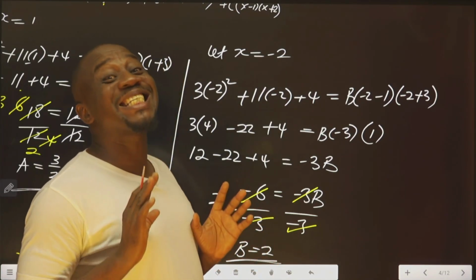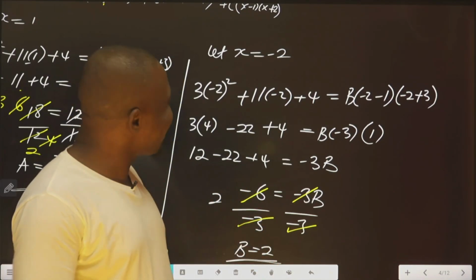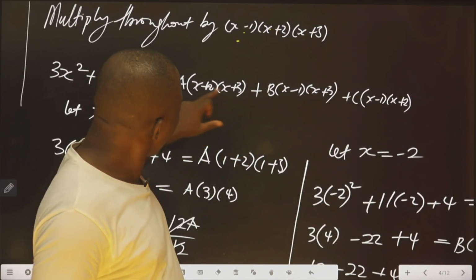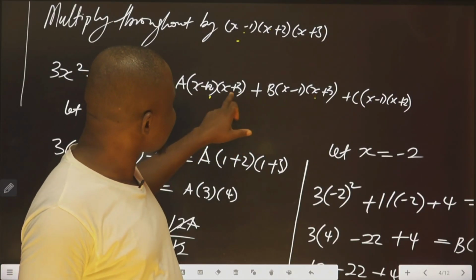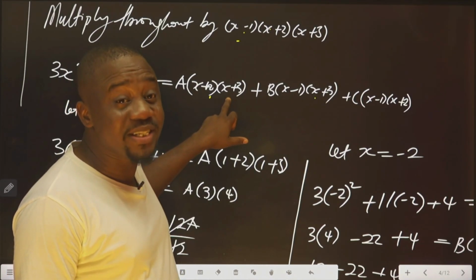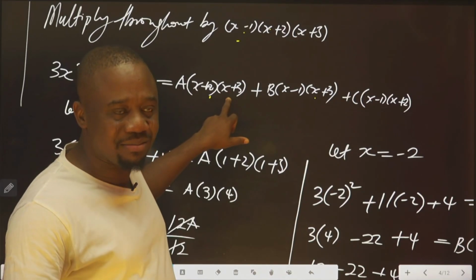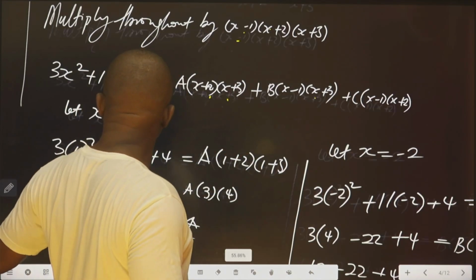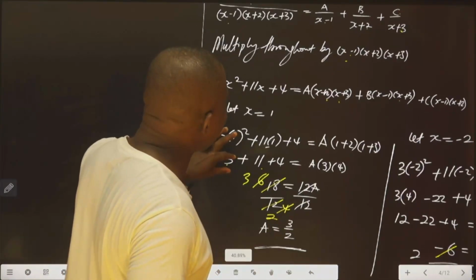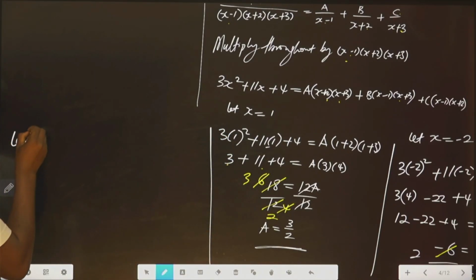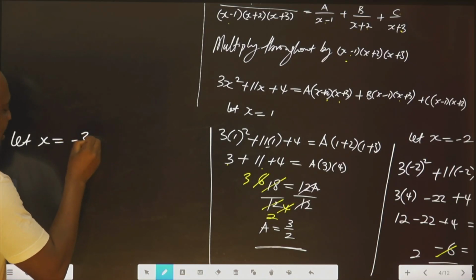Okay, so the next target now is to look for C. Again, to look for C, this remaining one, what is common here is this and this, that is s plus 3. It means we should equate s to be equal to minus 3. So we're going to say let's work on this other side, let s be equal to minus 3.